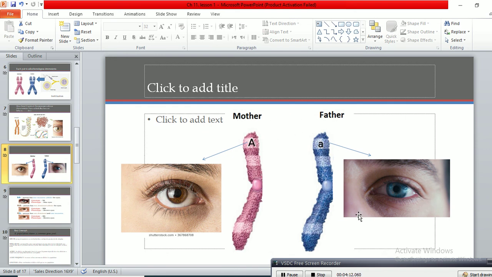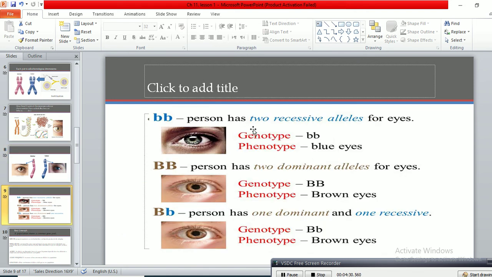Here, if we take the eye color only, we have blue and brown. When I say blue or brown, this is called the phenotype. Phenotype is the trait that you can see with your eyes. This trait is coded by genes.